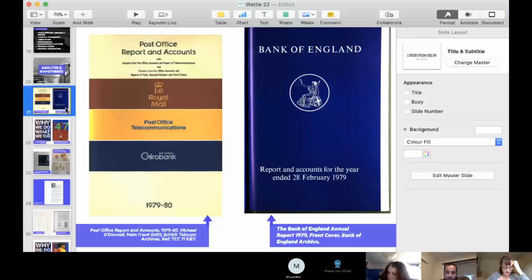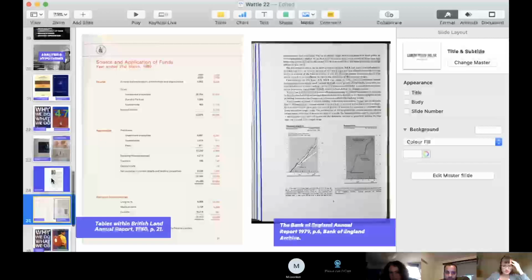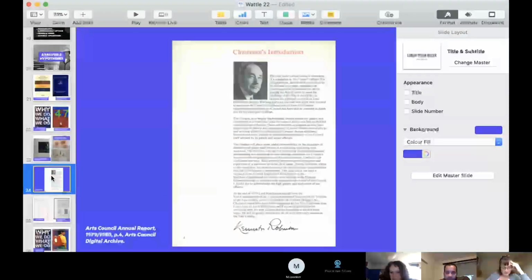The first 40 to 50% of the report was always dedicated to the annual report, so that's like company highlights of the year, including things like the chairman's statement seen here. So that's typical of reports at the end of the 70s and early 80s.